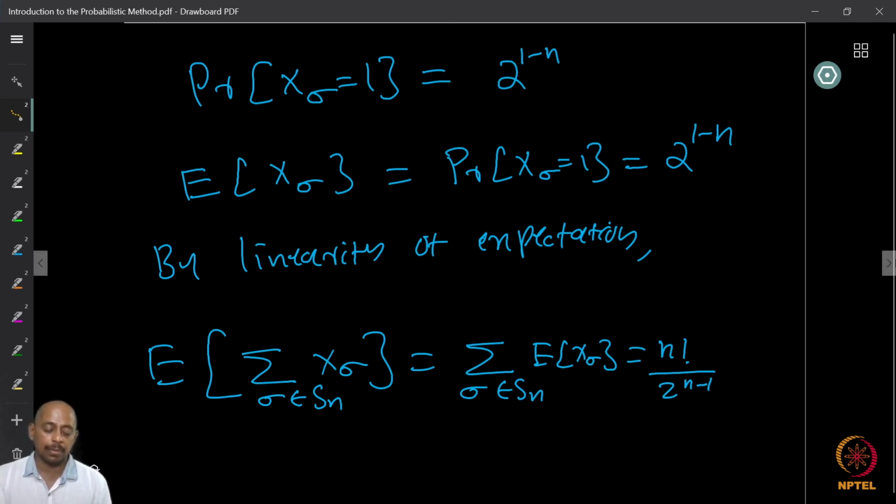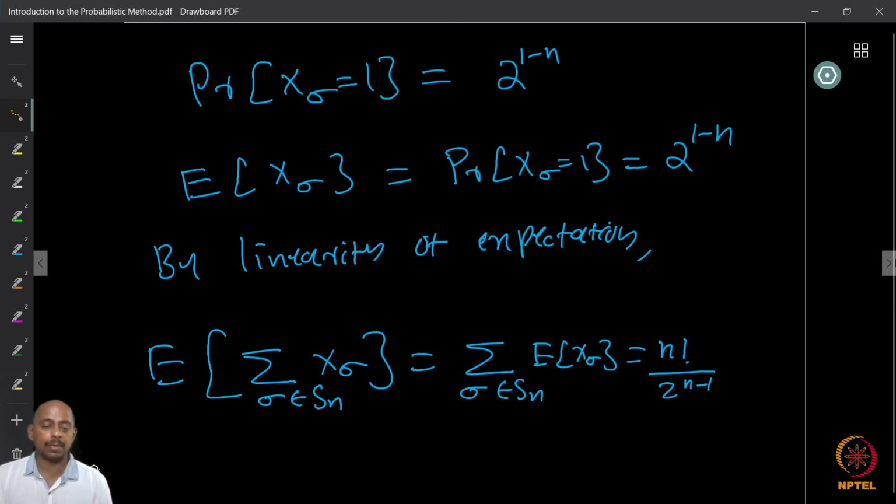So since this counts the number of directed paths, we are computing the expected number of directed Hamiltonian paths. The expectation of the number of Hamiltonian paths is the summation over all the permutations of the expectation of x sigma, by linearity. There are n factorial of them, and the expectation of x sigma is 1 by 2 raised to n minus 1. Therefore, the expectation of the sum is n factorial by 2 raised to n minus 1.